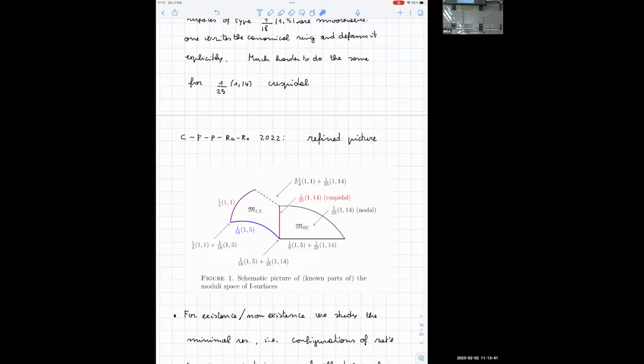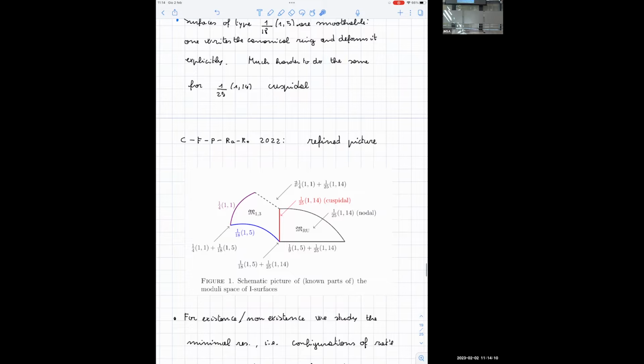And in this component corresponding to 1/25, 1/14, we can also find this singularity that did not occur alone. And when you go to the intersection of the two components, this becomes the singularity we had already met, 118.15, which is the specialization of this surface.